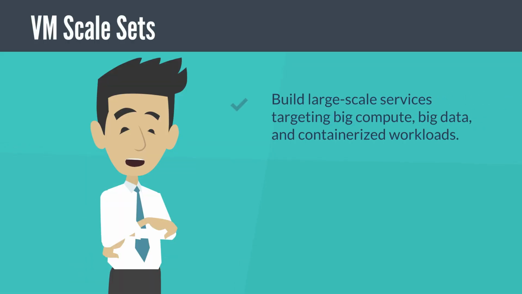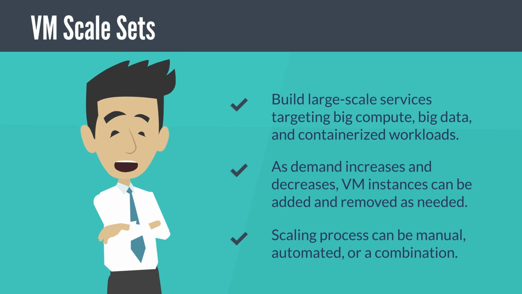So for this reason, it's easier to build larger scale services that target things like big compute, big data, and containerized workloads. As the demand for your service goes up, more VM instances can be added, and then as the demand goes down, VM instances can be removed. This process can be manual, it can be automated, or it can be a combination of both.